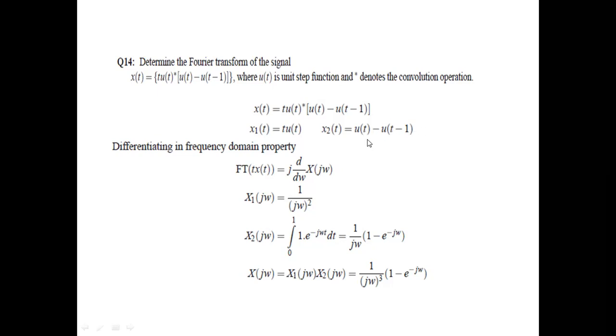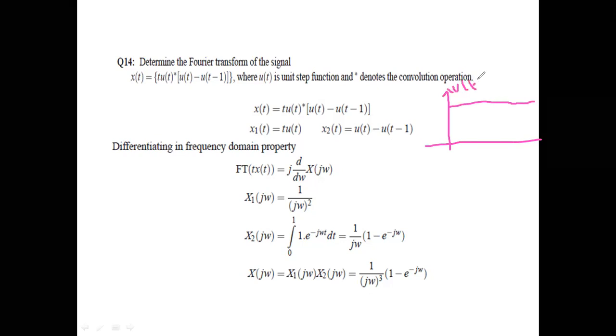And coming to the second one, mu of t minus mu of t minus 1. First of all, you can simplify this equation. What is mu of t? Mu of t varies from 0 to infinity, and mu of t minus 1 means the signal is shifted one sample towards the right side, from 0 to 1.